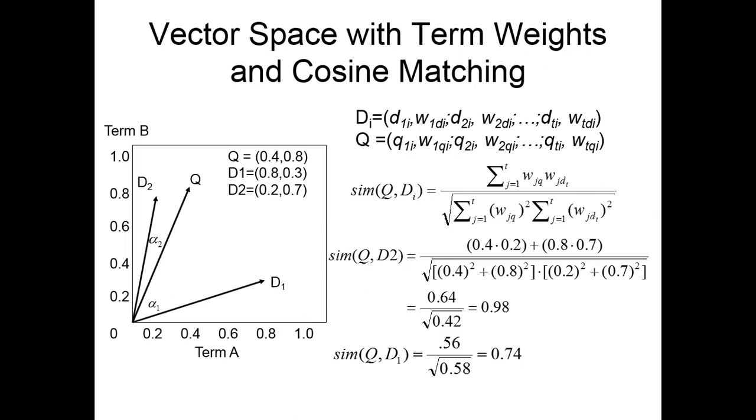How do we calculate the similarity score using cosine similarity matching? Given a document, if we know the terms in that document, and given a query, if you know the terms in that query, then we are weighting the terms in a given document, then the terms in a given query.